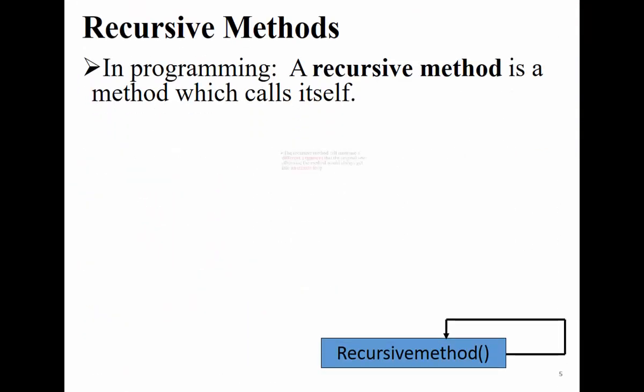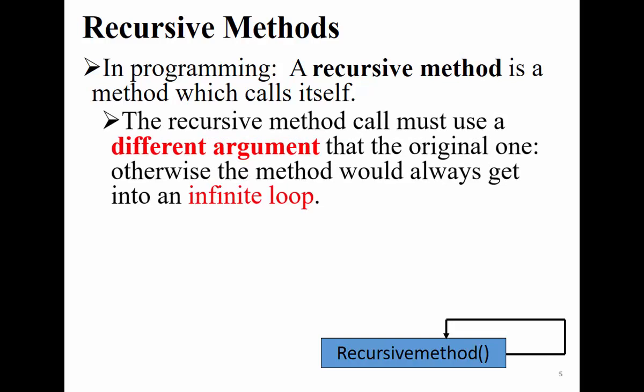Just to remind you all, when we say we have a recursive method, the method is calling itself. Each recursive call should use different arguments, and these arguments should make progress toward the base case. If we're not progressing toward the base case, then we will have infinite recursive calls.